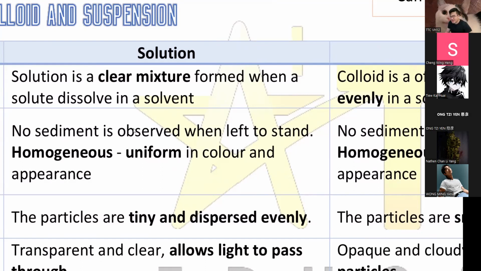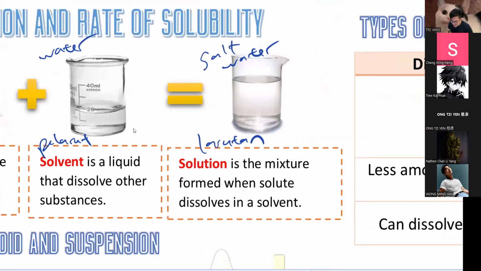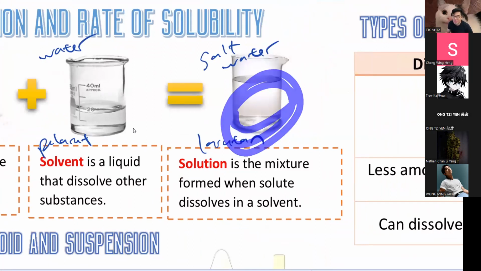So let's understand solution. Salt water, do you see any color in it? When you dissolve salt in water, you get solution. It is completely clear, it's not blurred.